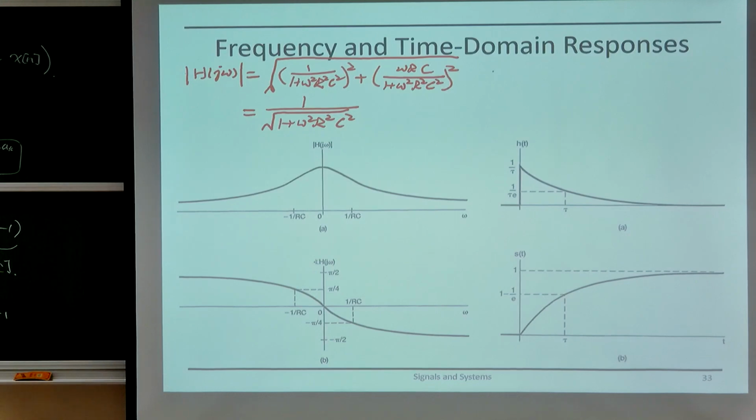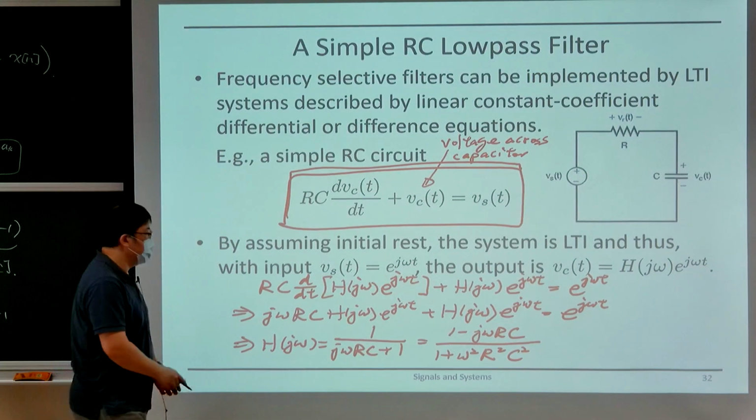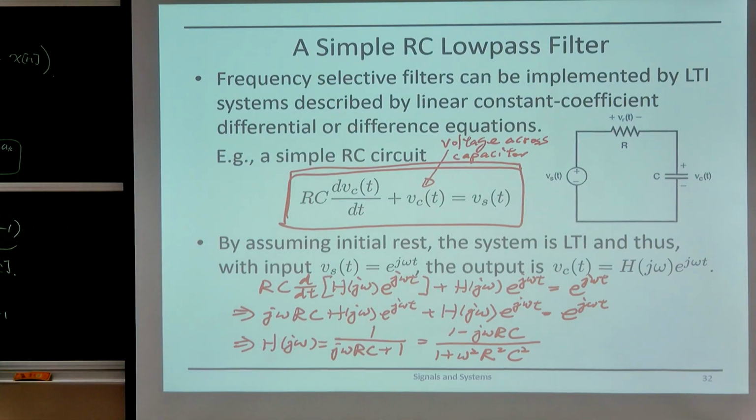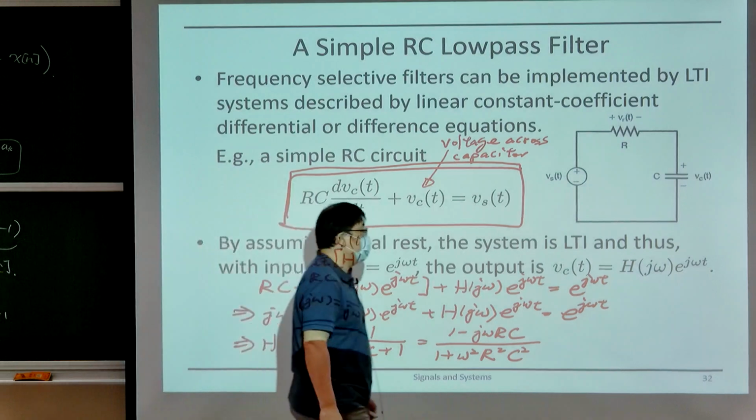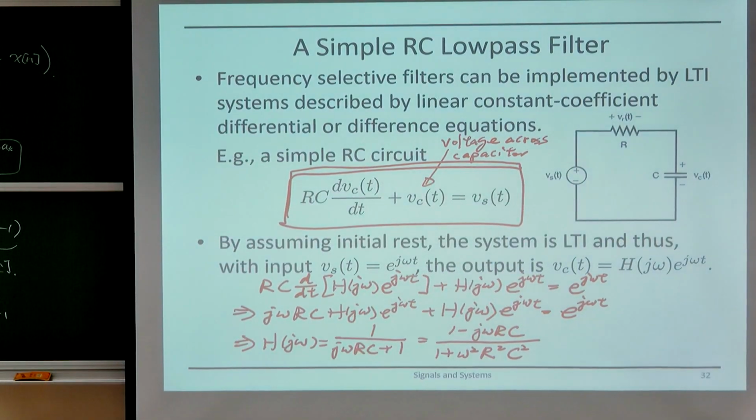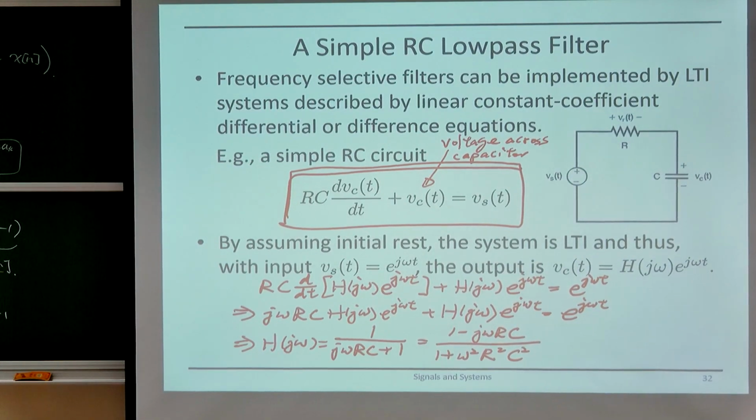So then what about the phase? We know that h of j omega, we can write it as the magnitude and the phase.